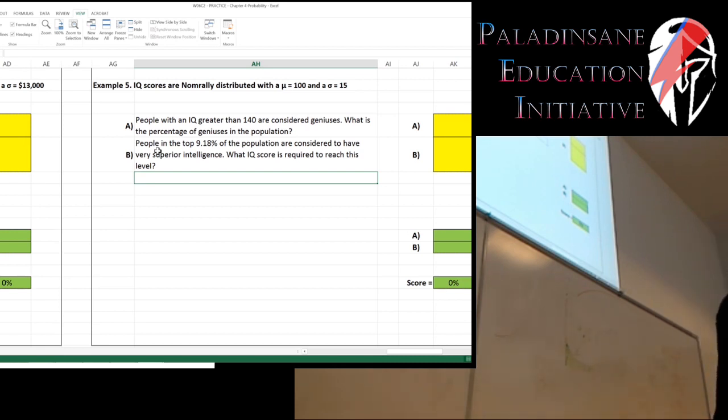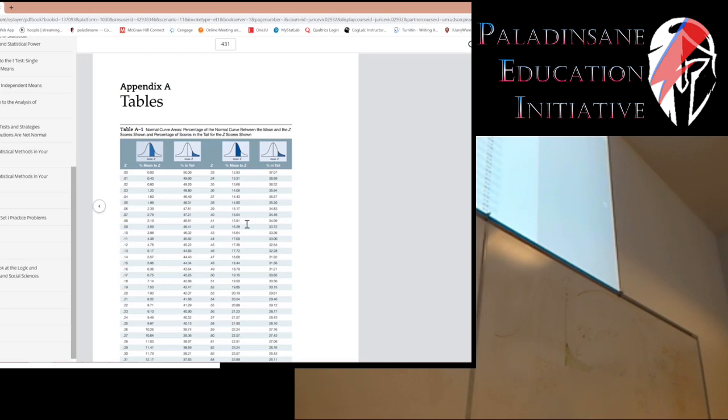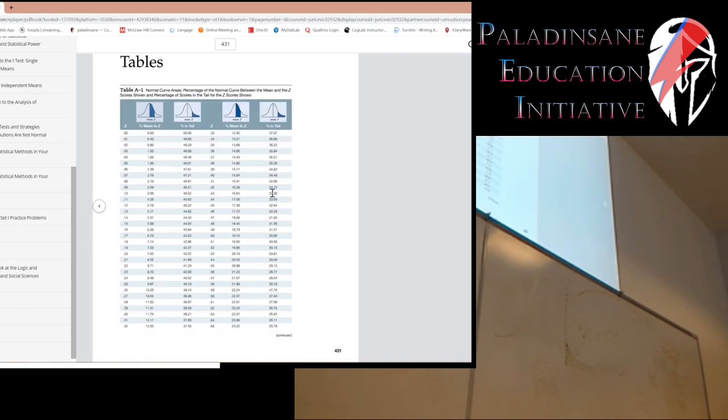So we go back to that table, and once again, make sure that you are looking in the correct column. So go to your picture, percent in the tail. We want percent in the tail and start looking for 9.18.